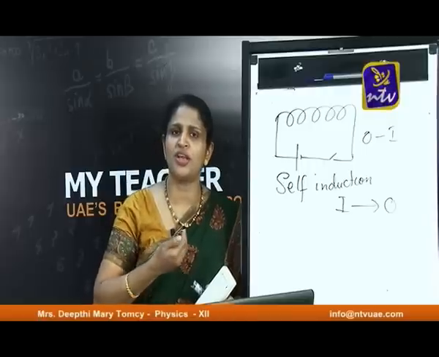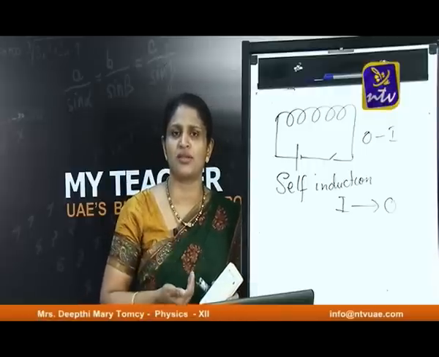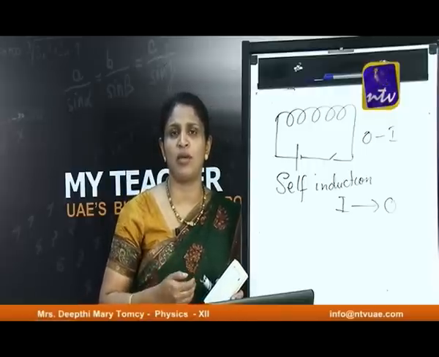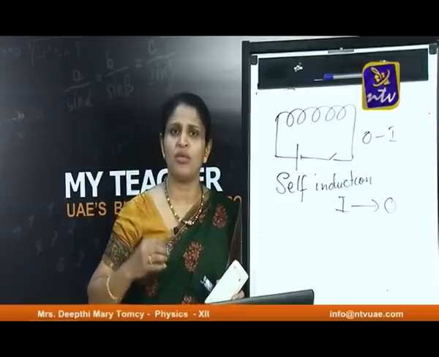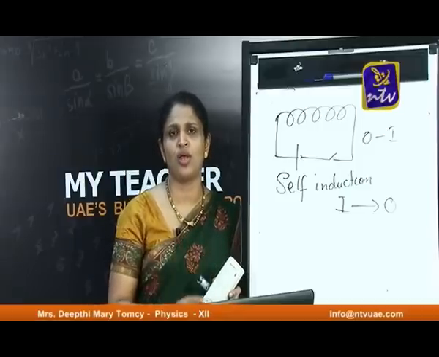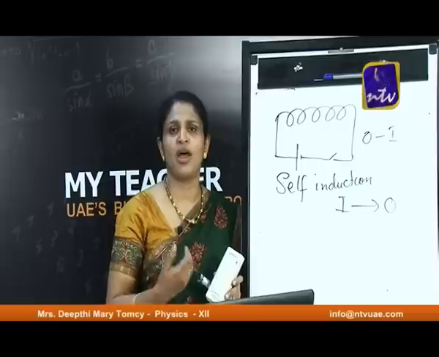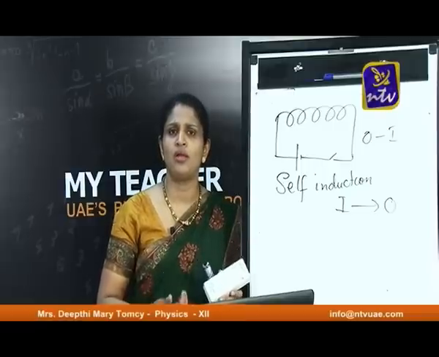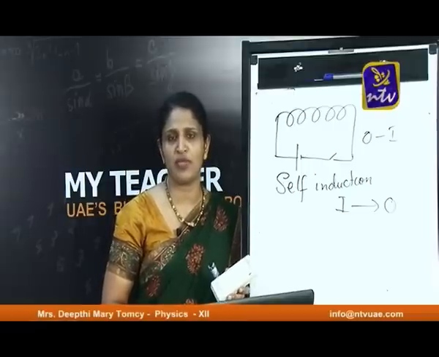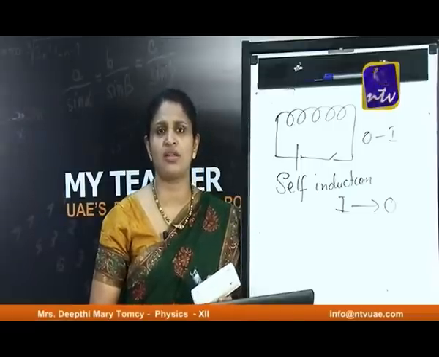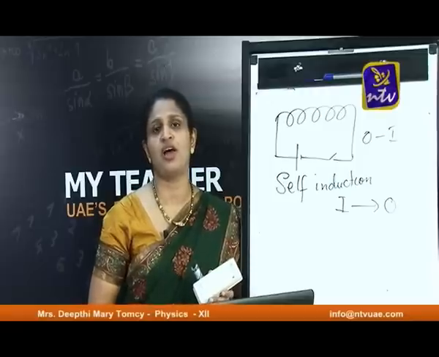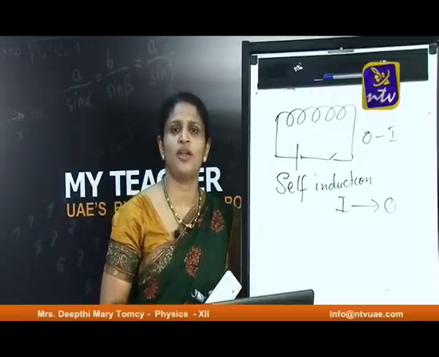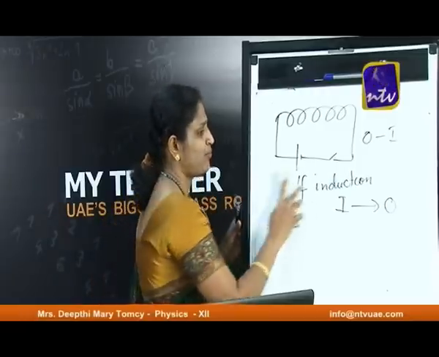And due to the decrease of its own magnetic flux, a back EMF is developed inside the circuit to maintain that current in the circuit. That process by which a coil induces back EMF in itself due to the change in magnetic flux linked with it is called self-induction.